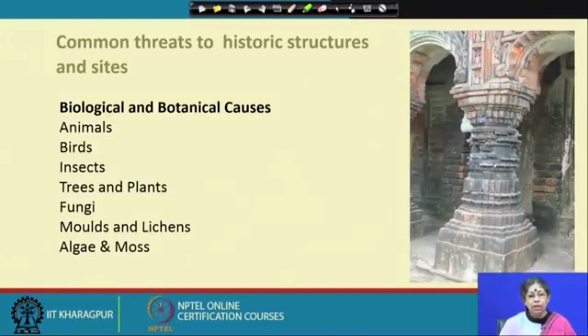We will broadly take a look at these major aspects and maybe some of the remedial or preventive measures, just to have an idea of what these major biological and botanical factors are which deteriorate or damage the historical structure. Let us first talk about the animals.